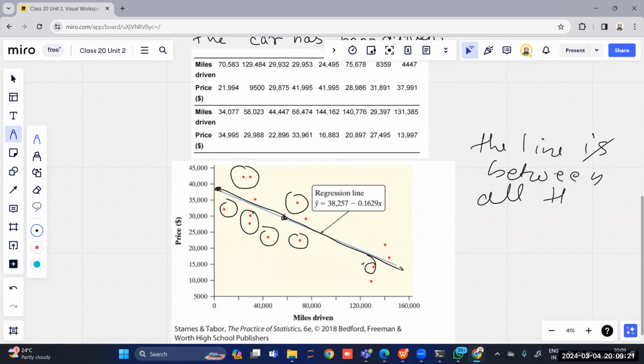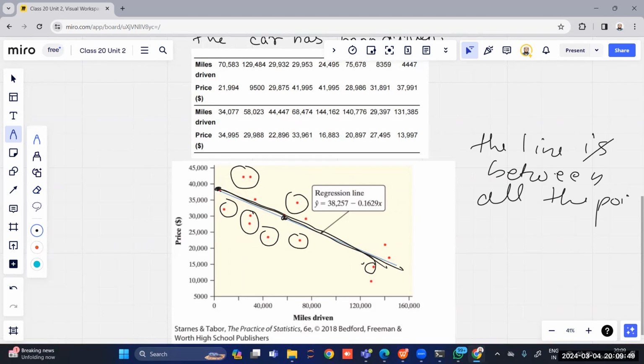If I had drawn the line differently, all the points would be below it or above it. But the regression line is such that it measures all the points and takes the mean line. I can draw infinite lines for these points, but this is the mean line of all the points. It calculates the mean and then does it. We'll see the formula, then you will get an exact idea.